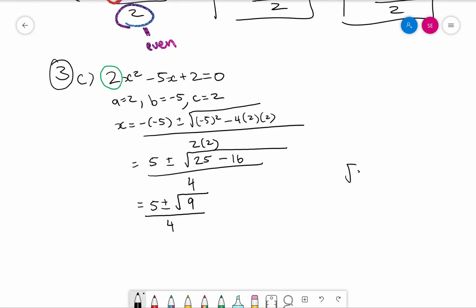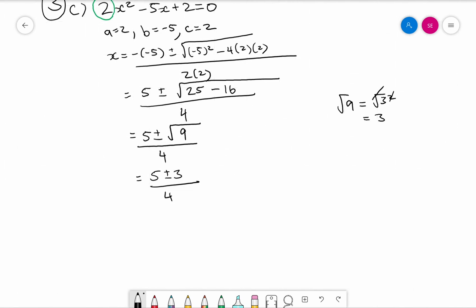Now we know the square root of 9 is equal to the square root of 3 squared, so it's equal to 3, because those will cancel out. So we get 5 plus or minus 3 on 4. So our first x is 5 plus 3 on 4, and our second x is 5 minus 3 on 4.